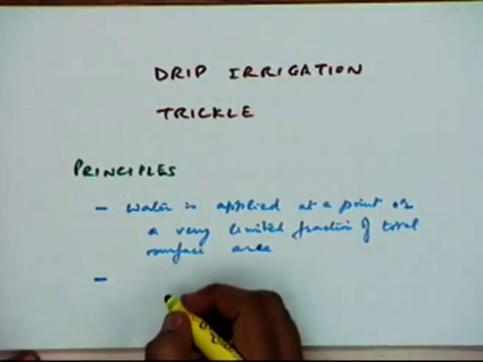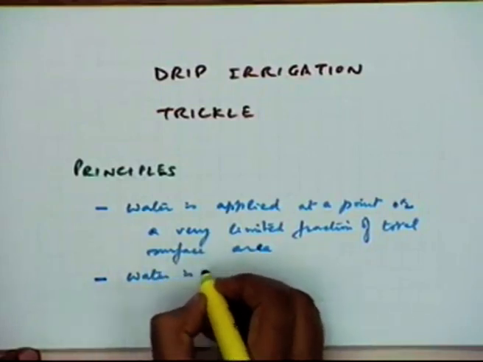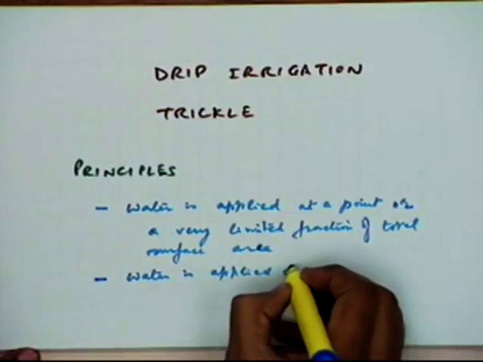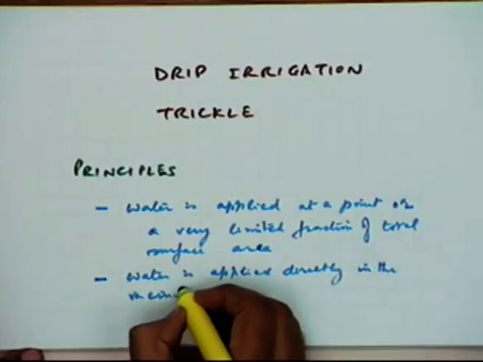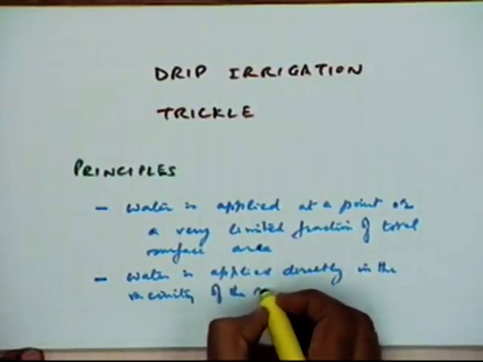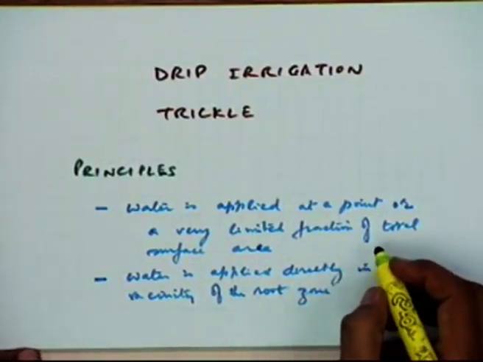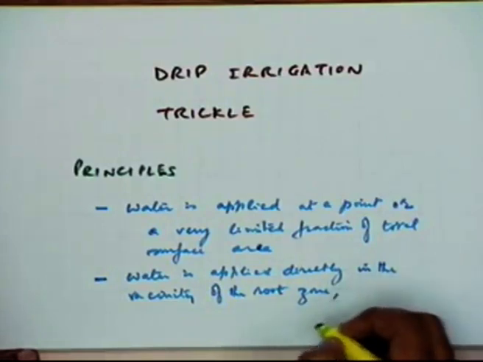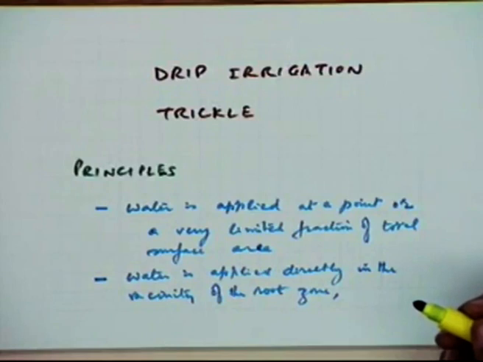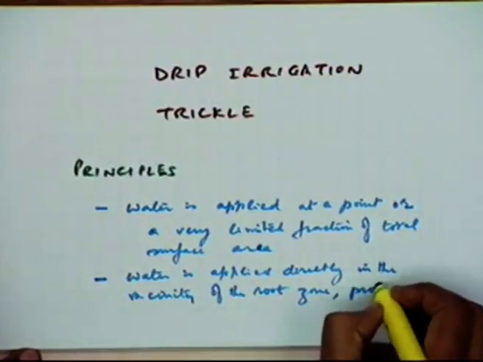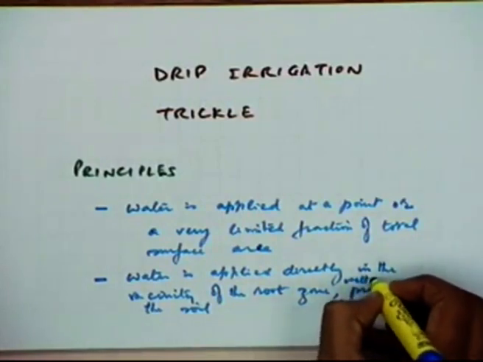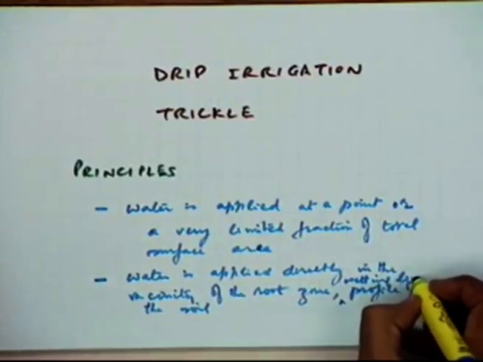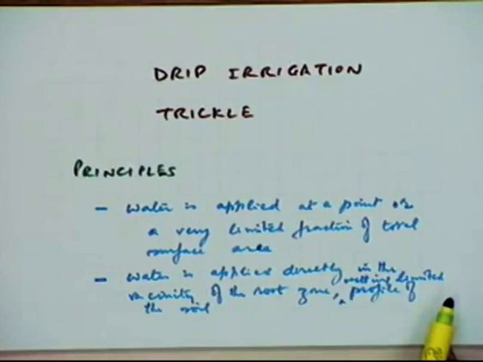Then secondly, the other difference is that the water is applied directly in the vicinity of the root zone, thereby wetting a very small surface area as well as the profile of the soil.